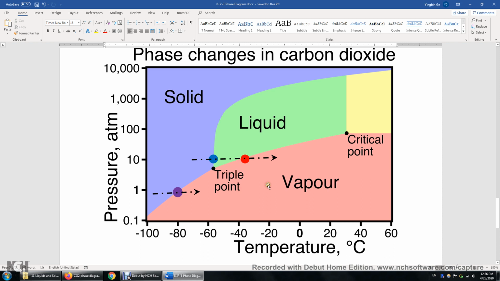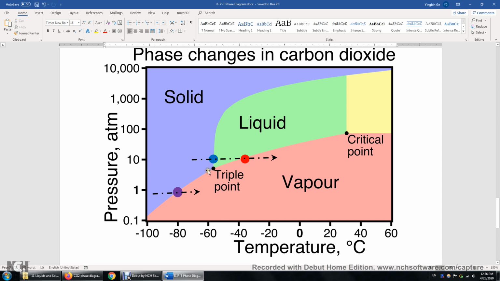Now let's look at the triple point of CO2. It's right here. The temperature is higher than negative 60 degrees Celsius, roughly negative 57, maybe negative 55 degrees Celsius. What's the pressure? The pressure is roughly 8 atm.